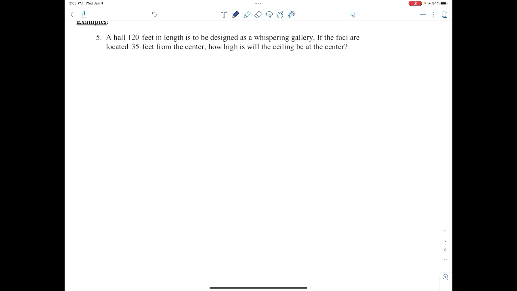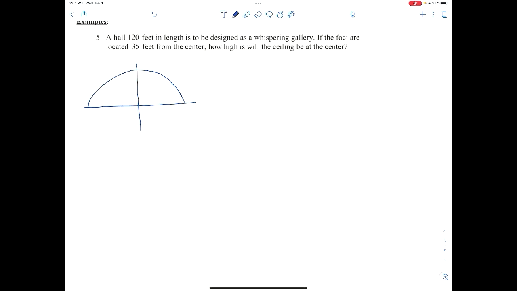If the foci are located 35 feet from the center, how high will the ceiling be at the center? So what we're looking at here is something like a room, and the ceiling is kind of like doming, and we have 120 feet long.